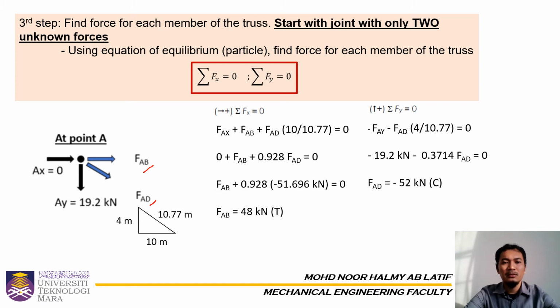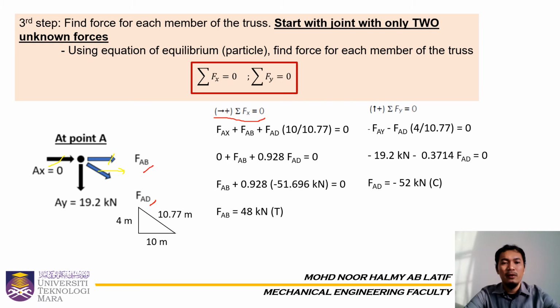By using the summation of forces in the x direction, we're going to have 3 forces acting on it, which are FAX, FAB, and FAD in the x direction, since FAD is pointing at an angle.